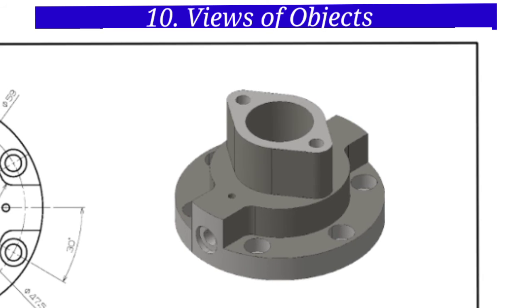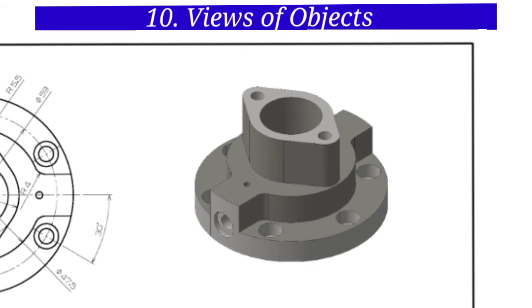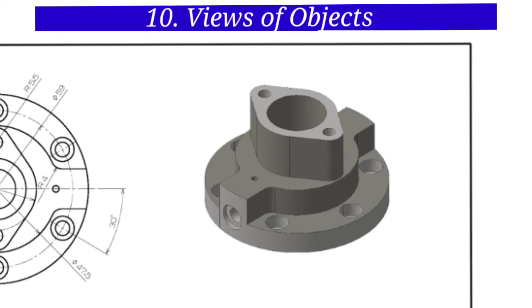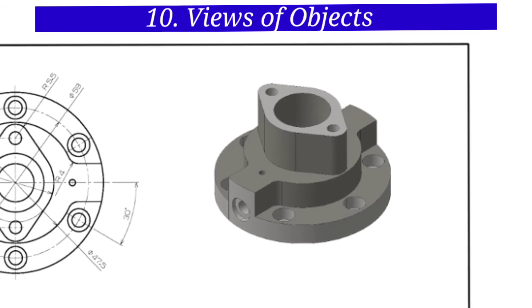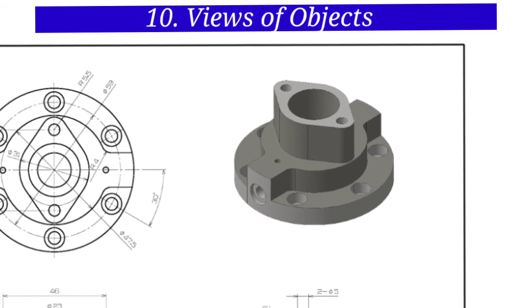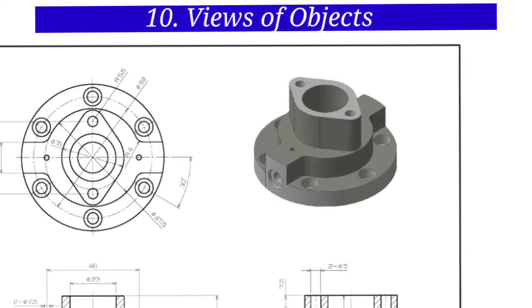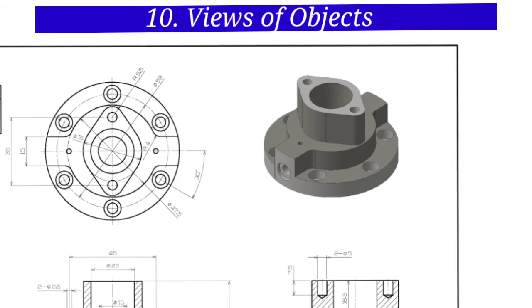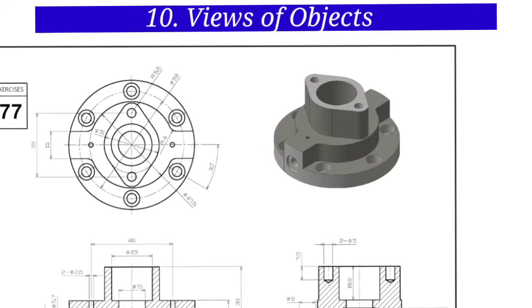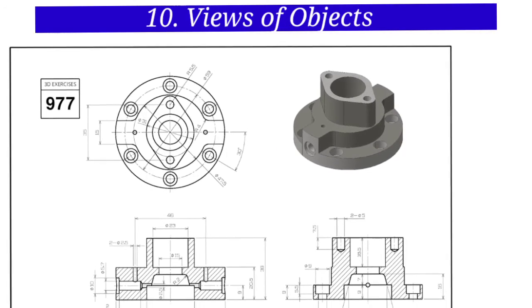To manufacture objects or components, a clear and complete description of their shape and size is necessary so that the objects or components may be made exactly as intended by the designer. This information is furnished by a number of systematically arranged orthographic views.